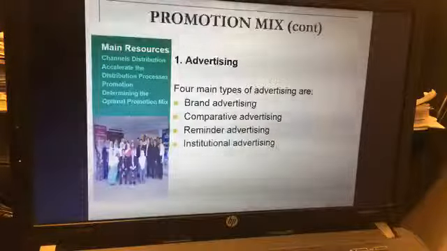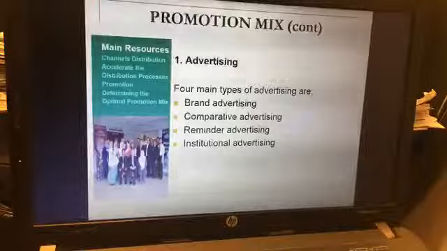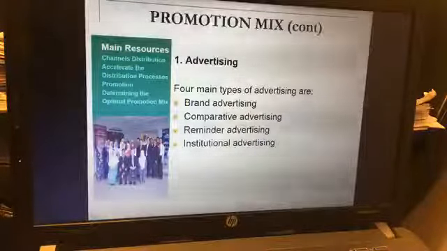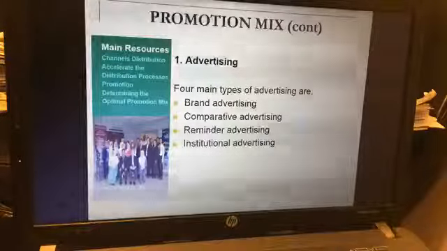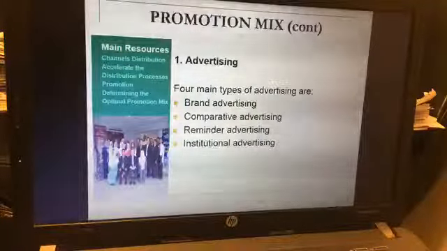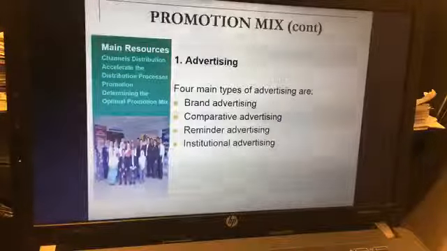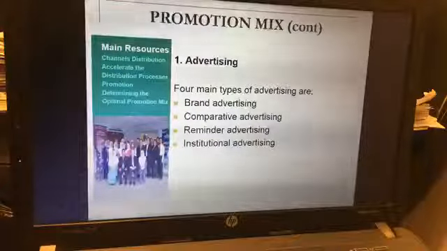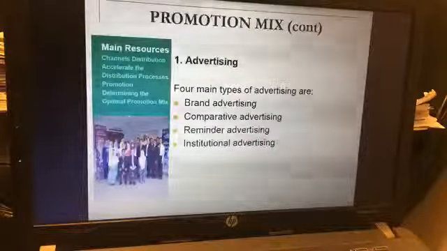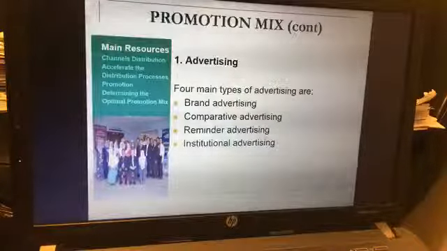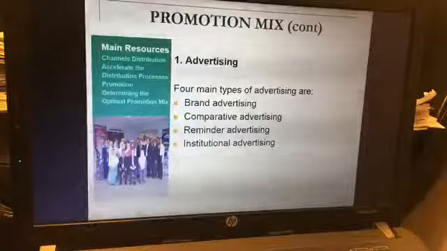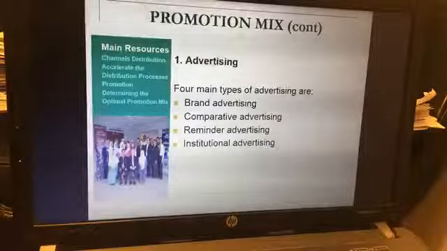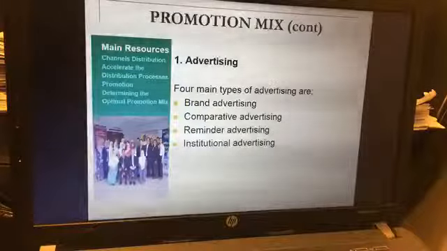This is normally done, for example, on television, where they keep reminding us about their product, so that when you want to buy that product, you remember it by its brand name instead of calling it toothpaste, for example, ubat gigi. Sometimes you call the ubat gigi by the name of a certain product, because that product has successfully included its brand name and product in your memory.